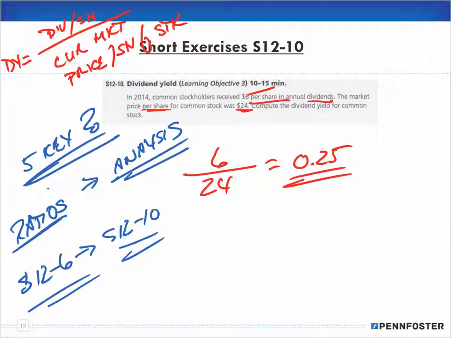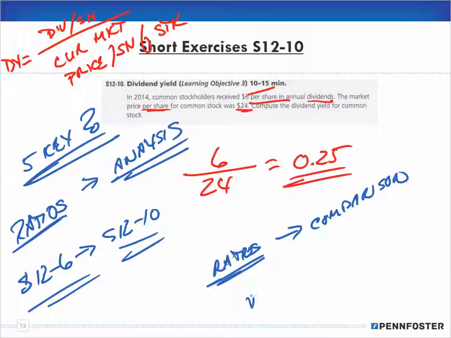So realize that the ratios are created in order to do the analysis. You don't just create ratios for ratio's sake. And remember, ratios in and of themselves don't mean much to a certain extent unless you make a comparison. And that's where doing a vertical and a horizontal analysis comes in.